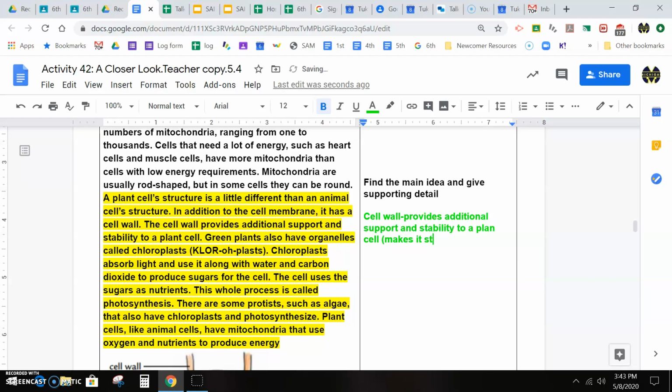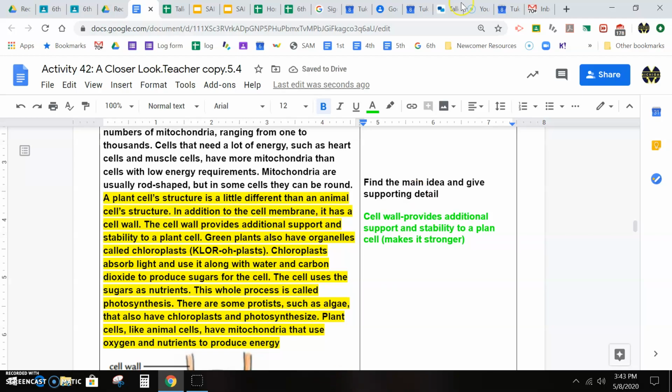Makes it stronger. Kind of like our bones or our skeleton, as a person, a human would have bones. Bones make us stronger and more stable. That's what a cell wall does for the plant cell.